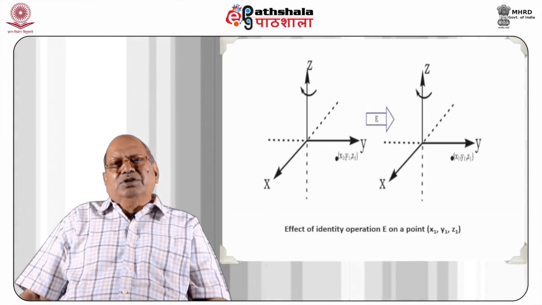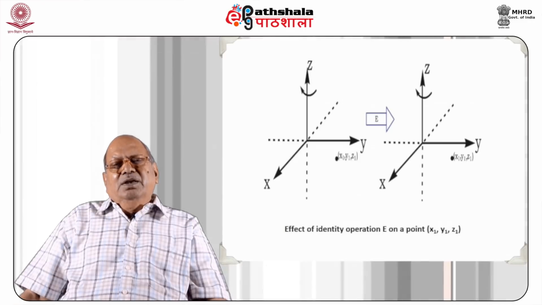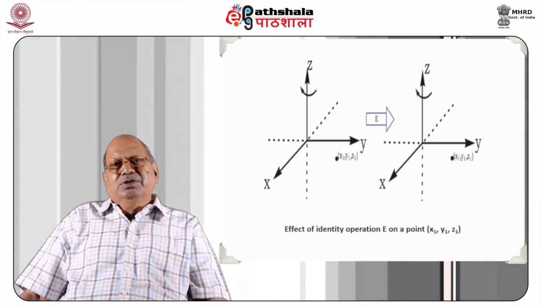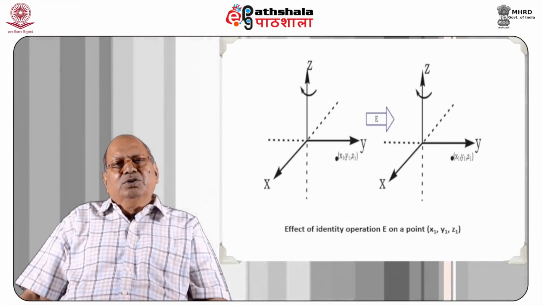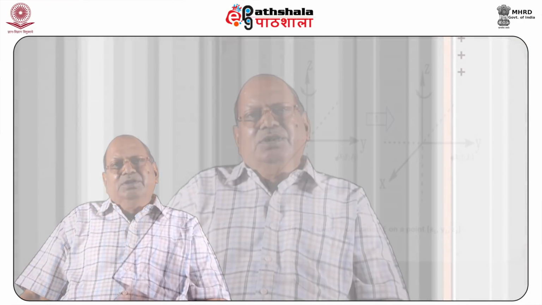So, if after this 360-degree rotation I reach the original position, it is an identity and no other symmetry is present.